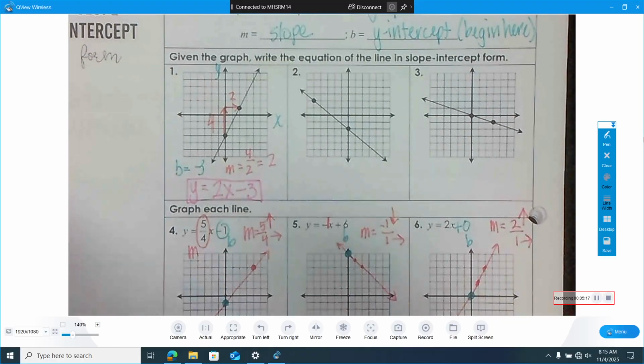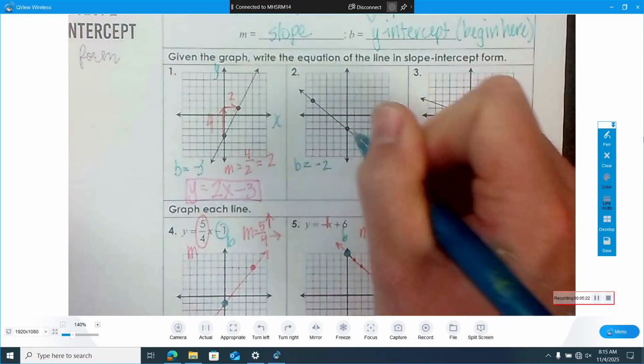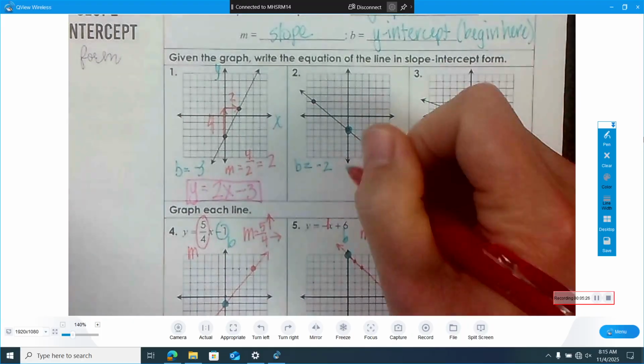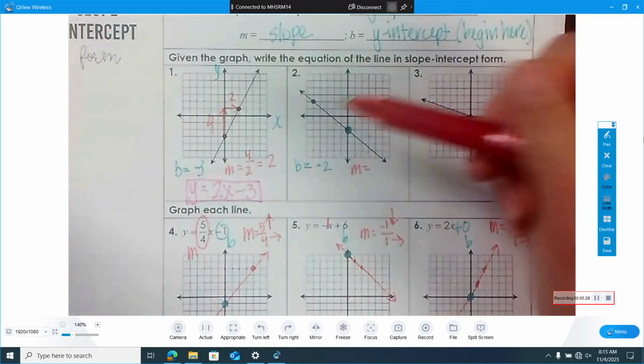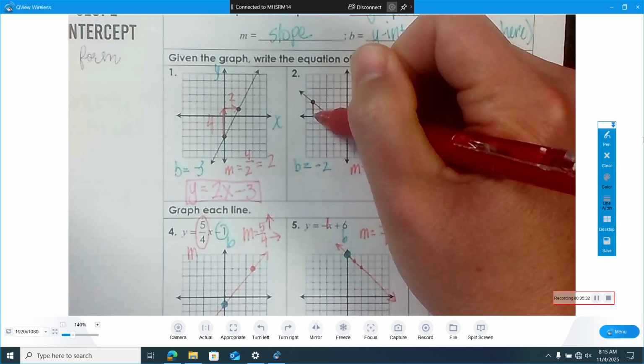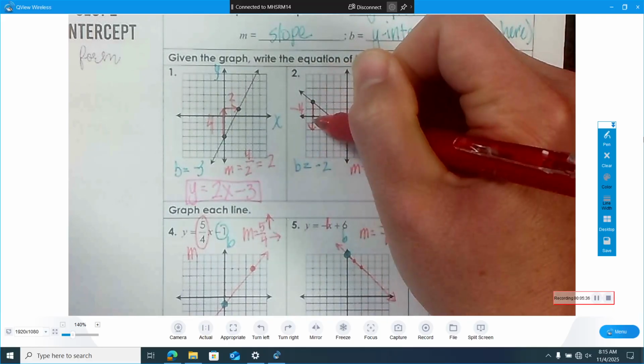All right, on number 2, what's the b? Where does it begin? Negative 2, right there on the y-axis. And then again, we need to figure out our slope. So I'm going to go to the left point there, and I'm going to go down 1, 2, 3, 4. Down 4? Is that right? Yeah. Okay.